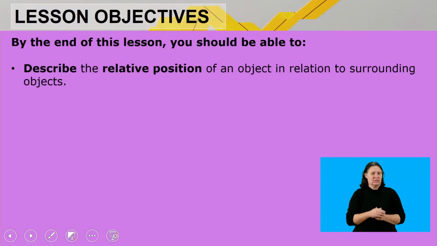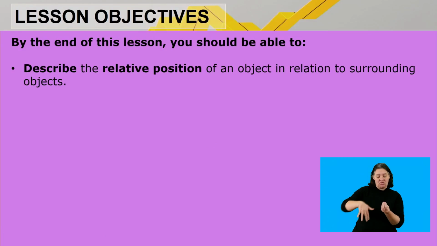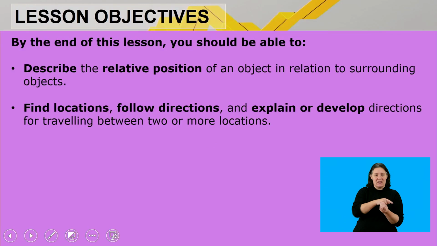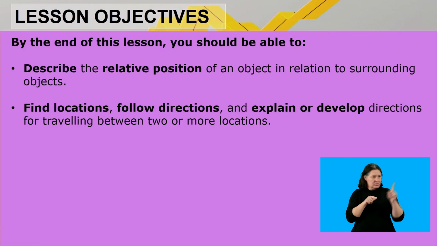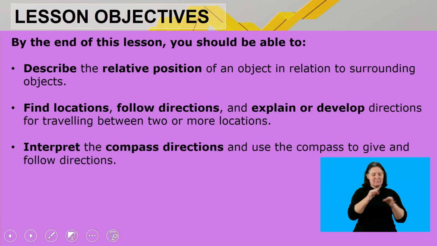Let me look at our lesson objectives. By the end of this lesson, you should be able to, first of all, describe the relative position of an object in relation to the surrounding objects. Also, find locations, follow direction, and explain or develop directions for traveling between two or more locations.